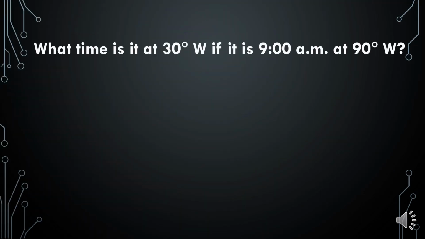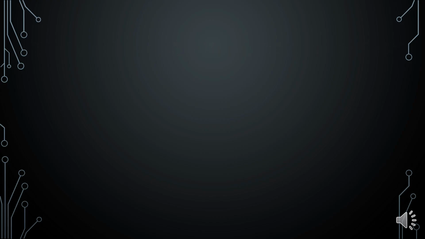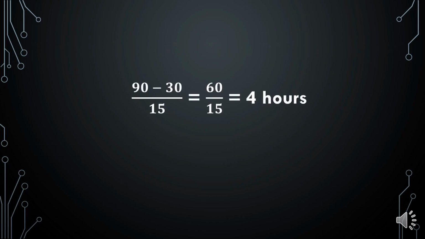Let us now test that theory by examining this question. What time is it at 30 degrees west if it is 9 a.m. at 90 degrees west? We will now calculate our difference in time by subtracting our 30 degrees west, which is the lesser longitude, from the 90 degrees west, which is the greater longitude, all over 15 degrees.